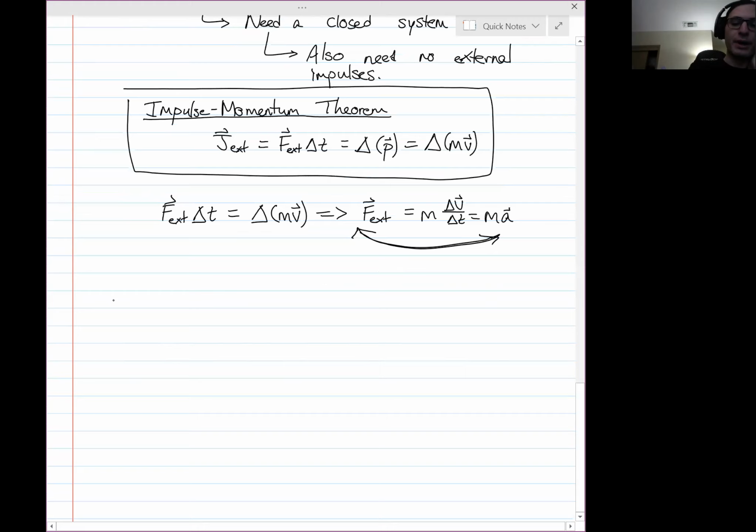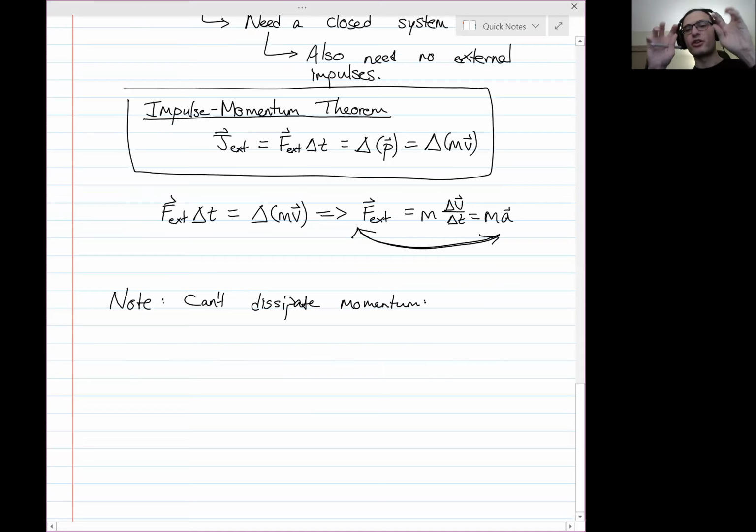Just a quick note about momentum and how it's different from work. You can't dissipate momentum. You can dissipate energy with thermal energy, right? You can take mechanical energy and convert it to thermal energy, and then you're not getting that energy back. But there is no equivalent to thermal energy for momentum. There is no quote unquote thermal momentum.